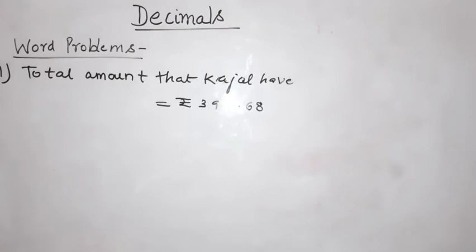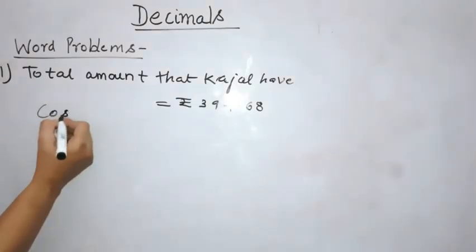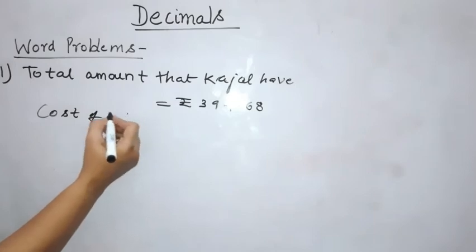Now she bought a book for rupees 85.72 and a pen for rupees 27.85. So out of this money she has purchased how many items? She has purchased 2 items. One item is, the first item is book and the second item is a pen. So let me write for that also. Cost of book.